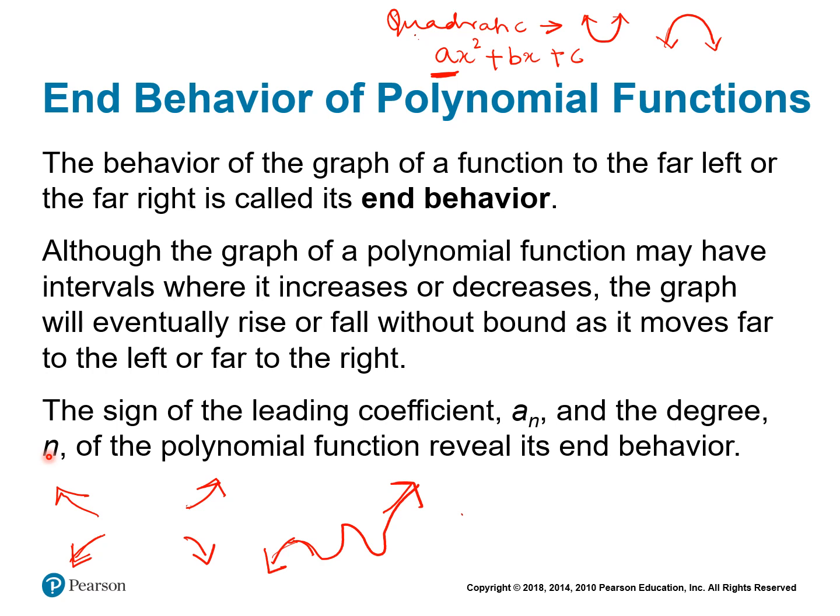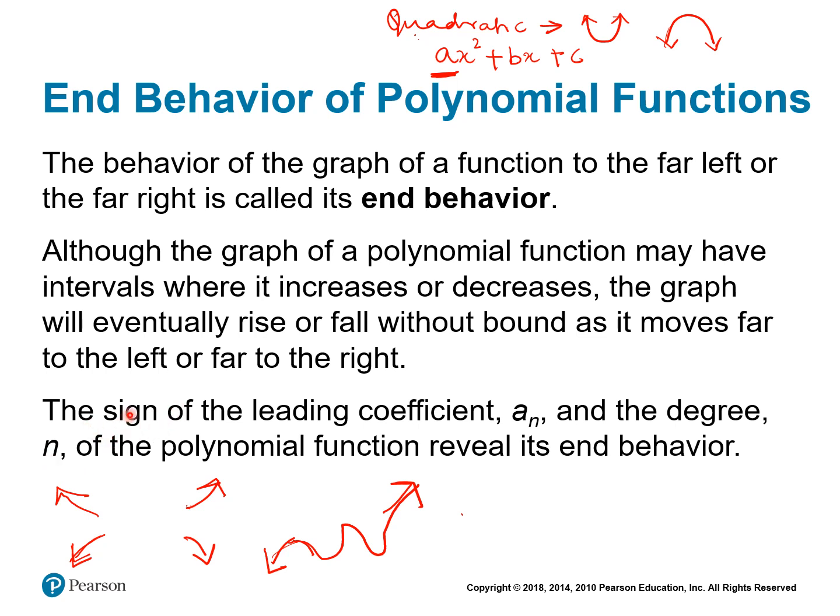If n is odd, then it's going to follow one direction. If n is even, then the end behavior is going to be of a certain kind. We'll go into the details of that in the next few slides.